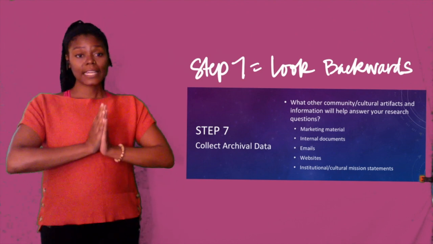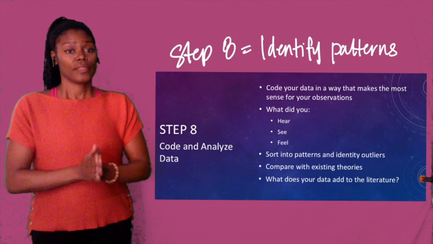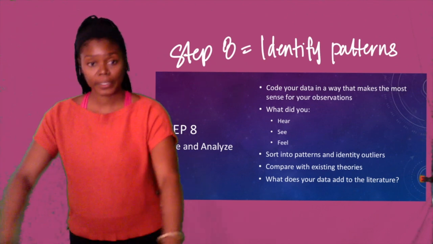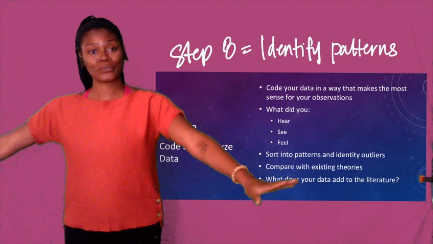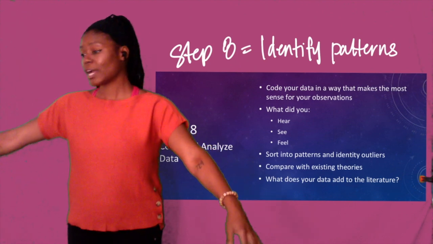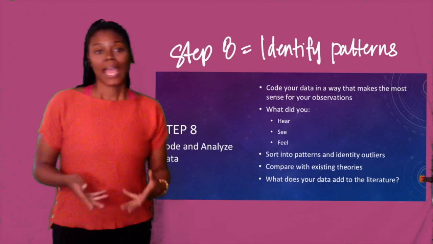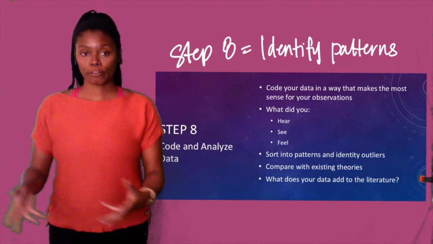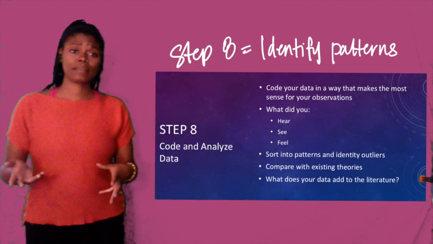And then lastly, we code and analyze for patterns. So this is where you probably have hundreds and hundreds of sheets of paper of stream of consciousness notes or screenshots from your phone of notes that you took in the bathroom, and now you have to look for patterns. This is the same thing for interviews.